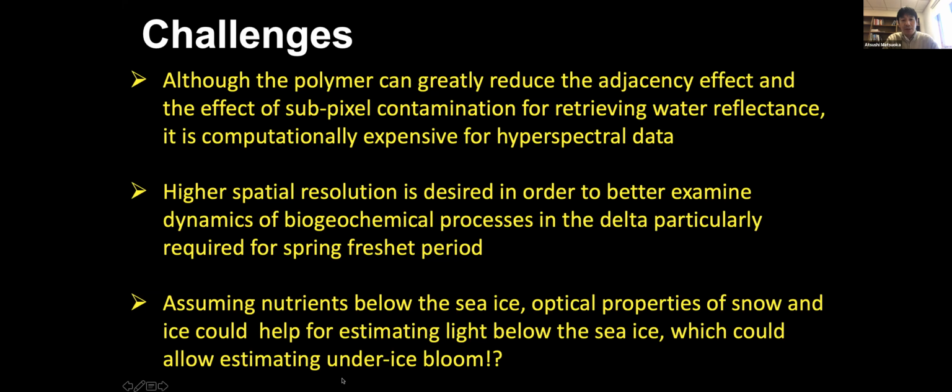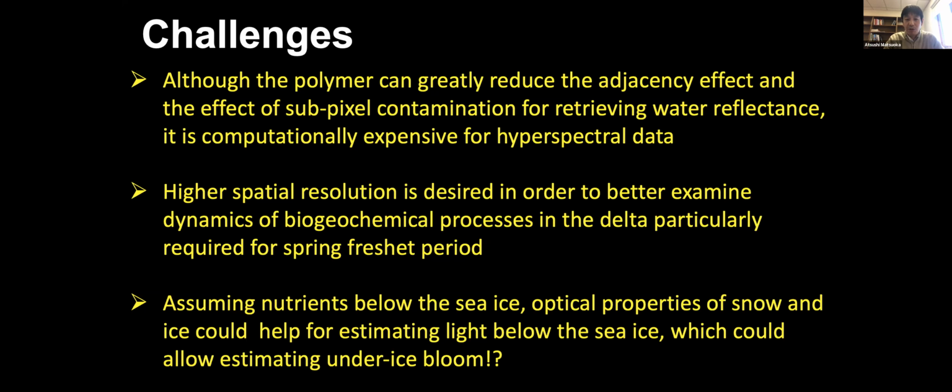So last topic. Antonio briefly mentioned that, but for the obvious reason, under-ice bloom cannot be seen by ocean color data. However, when we describe the optical properties of snow and ice, then we might be able to somehow estimate light below the sea ice.